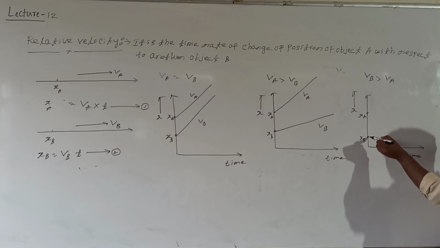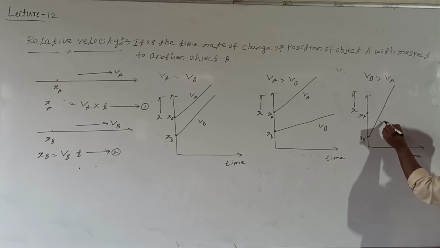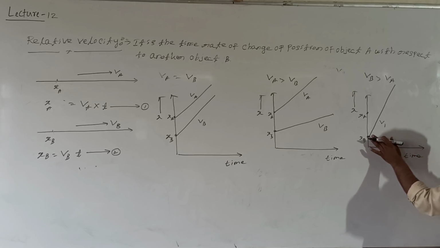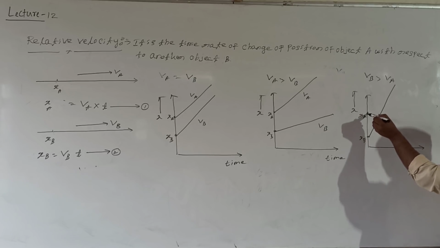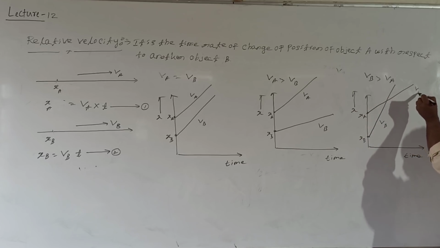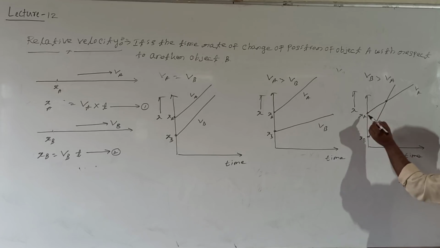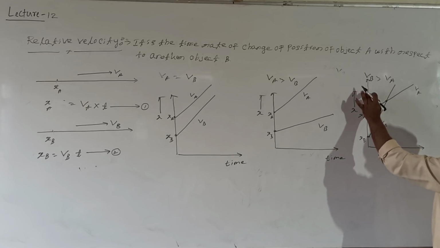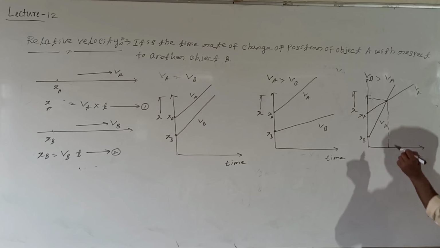B is moving faster, so it moves like this, with this much velocity. This body moves slowly, so it will move like this with velocity VA. After some time, both bodies can meet at some position and at some time.